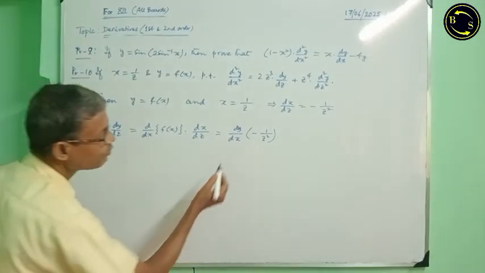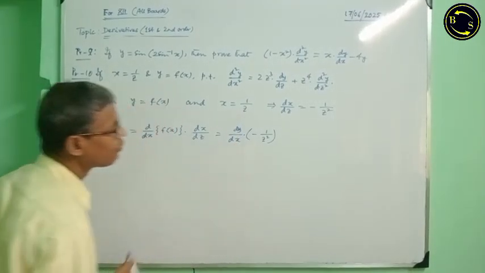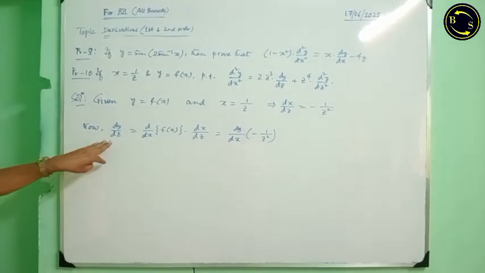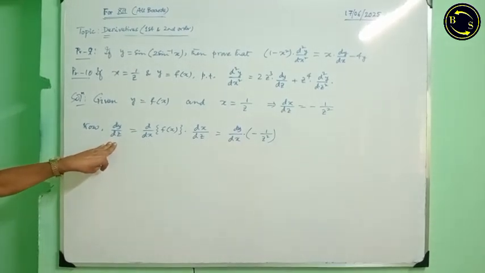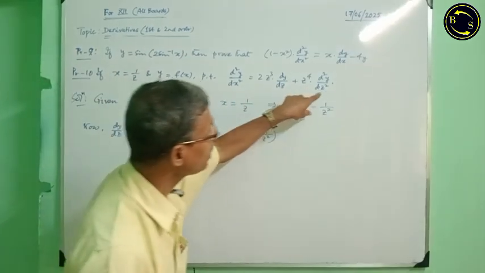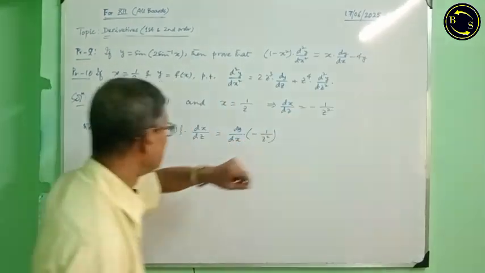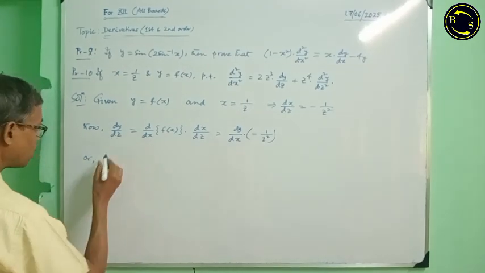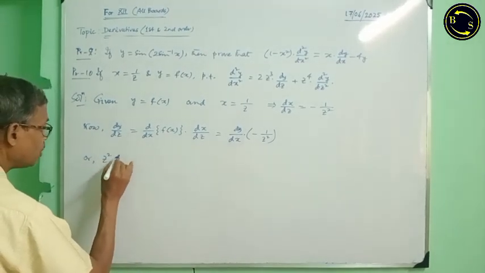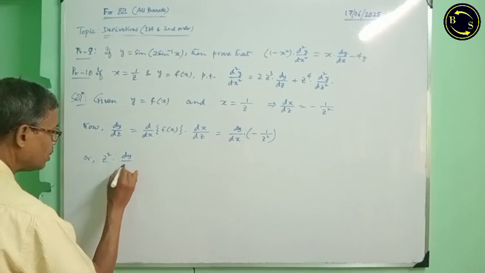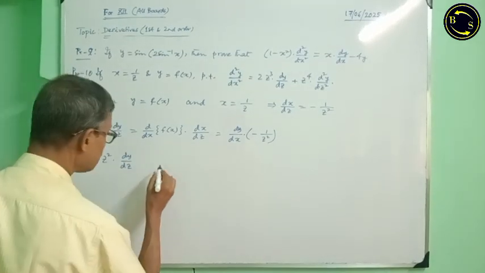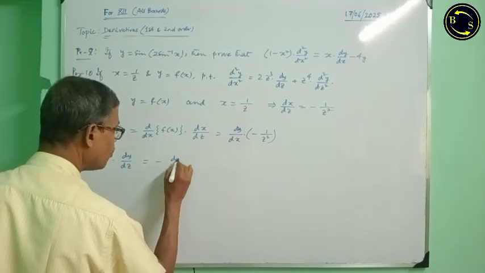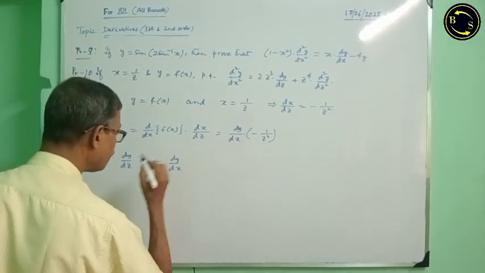Follow this step. I have found dy/dz. Since dy/dz and d²y/dz² are there, I multiply z² into dy/dz is equal to −dy/dx.